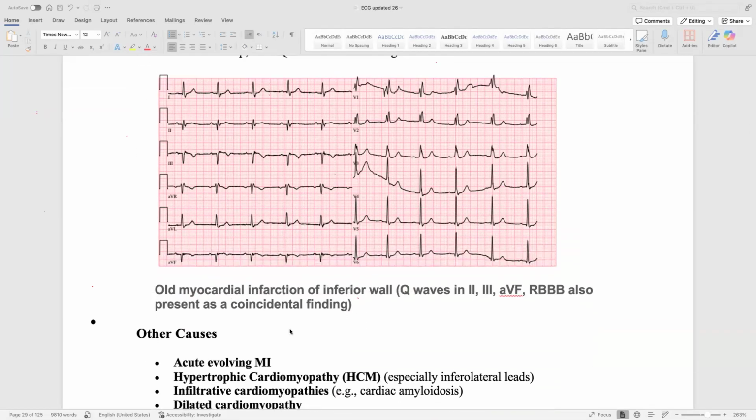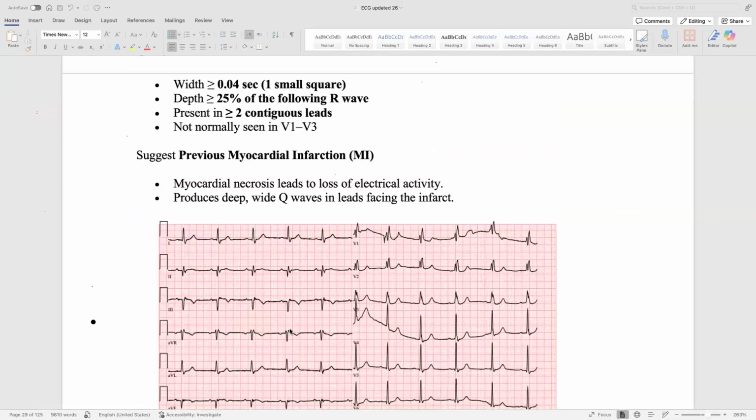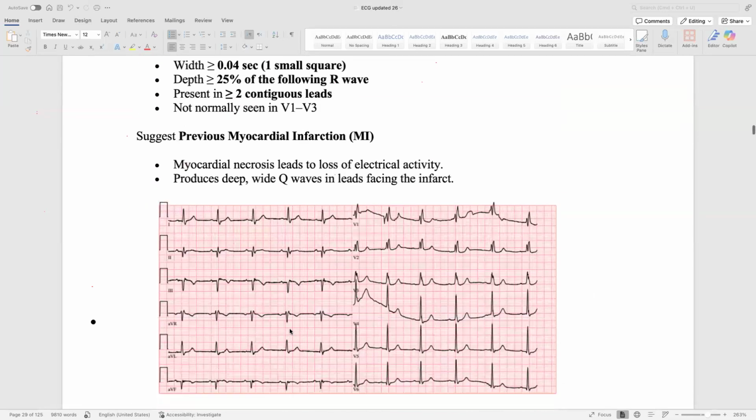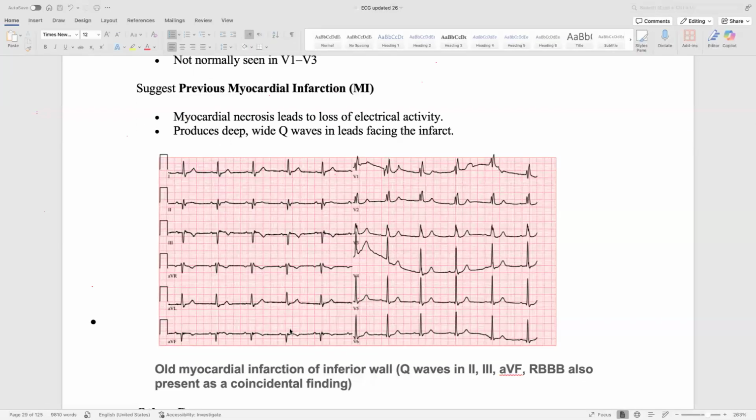What is the significance of a Q wave? Infarction. Yes. Which wall?